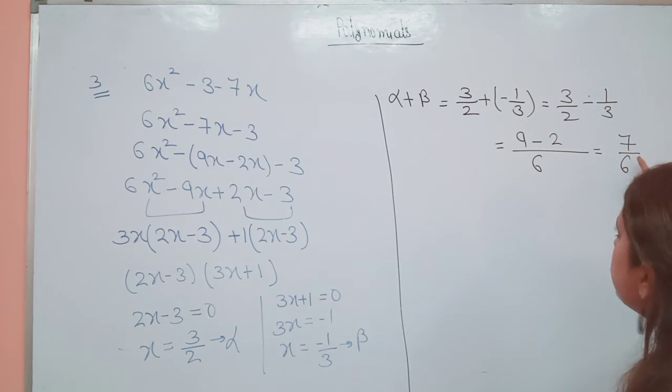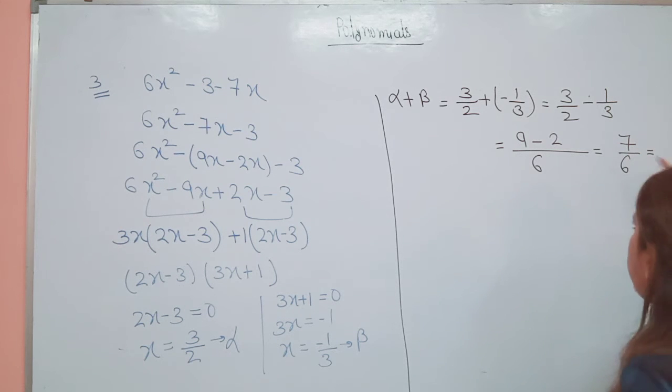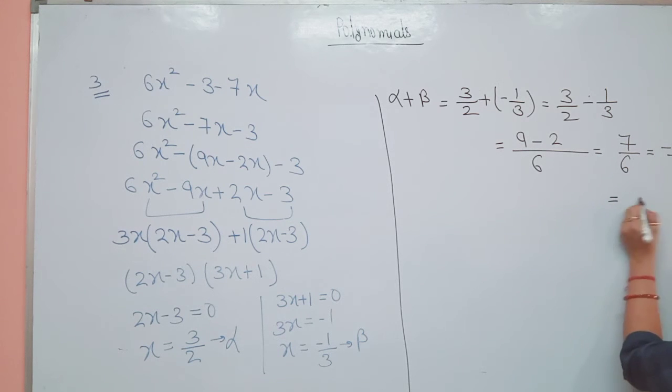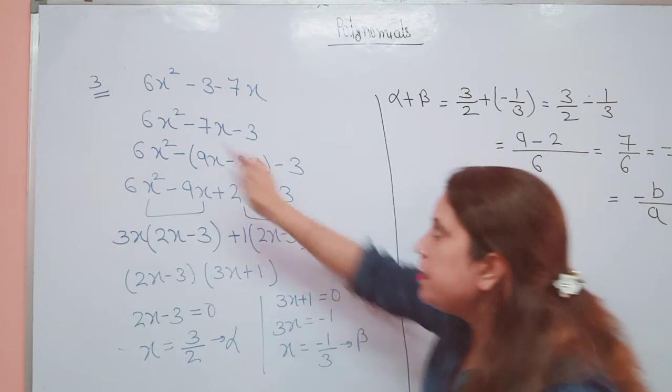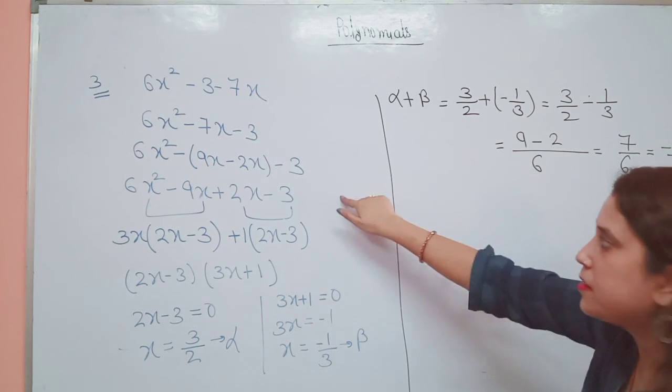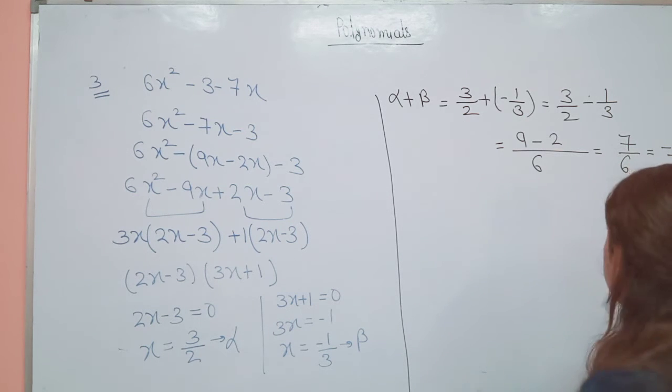Now we know the formula, we can write it down as minus and minus 7 by 6. So it will be minus b upon a. Minus b is minus 7 and a is 6. So this is the sum of zeros. How to find the product of zeros?